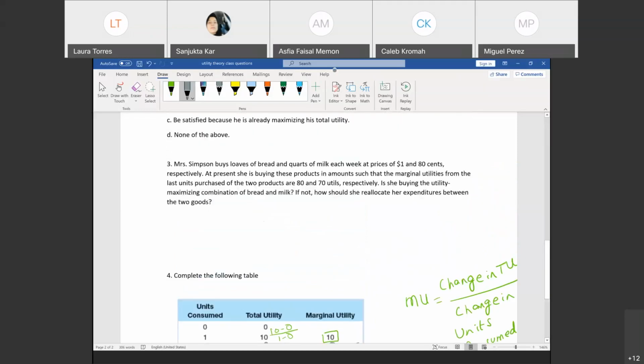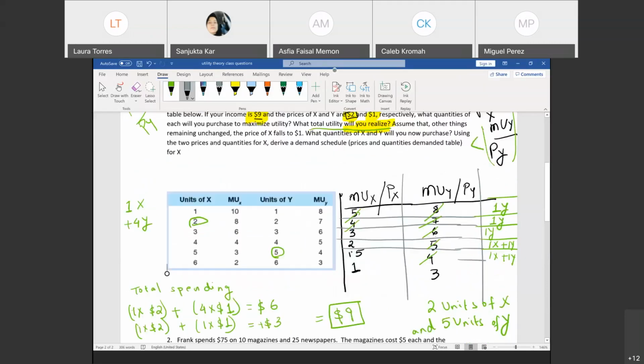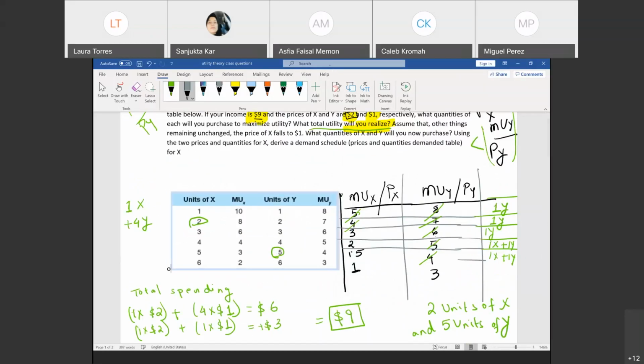Now with this in mind, I feel like you can find out the total utilities. The first number will be 10. The second number will be 10 plus 8, 18. The third number will be 18 plus 6, 24. The next number is 28. The next number is 31.